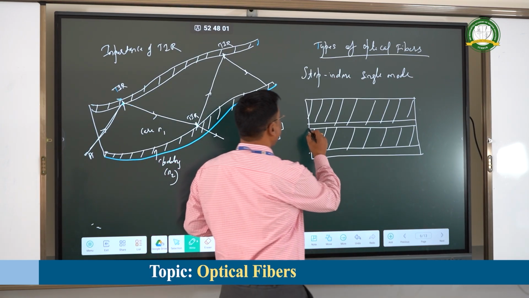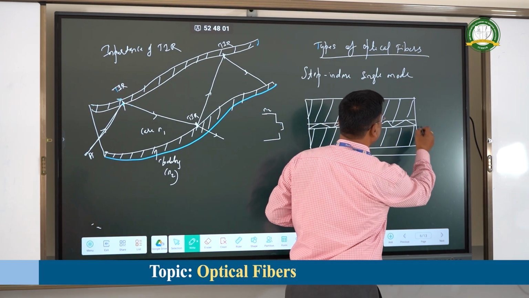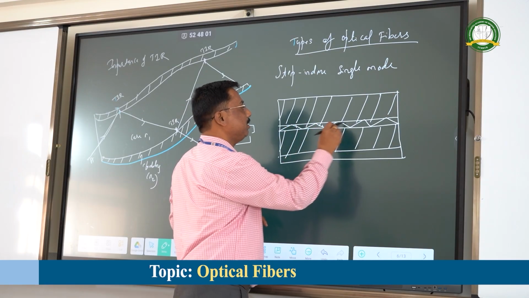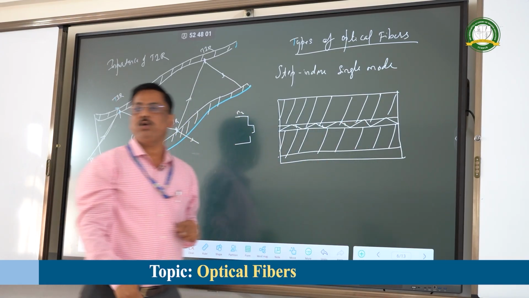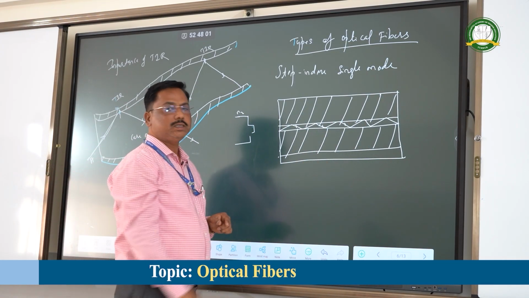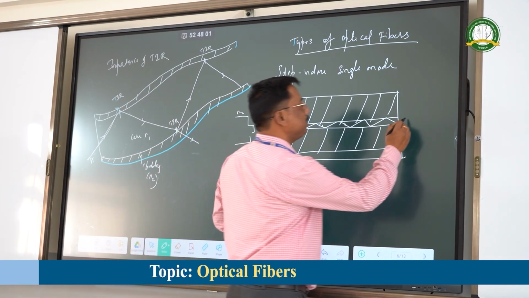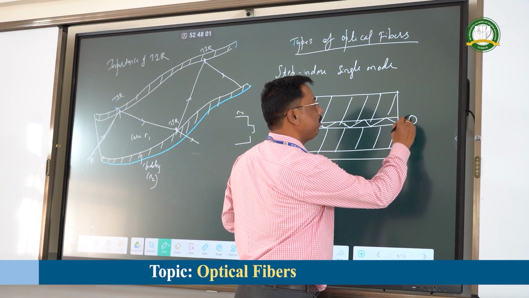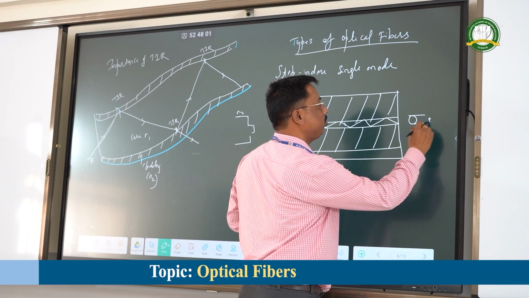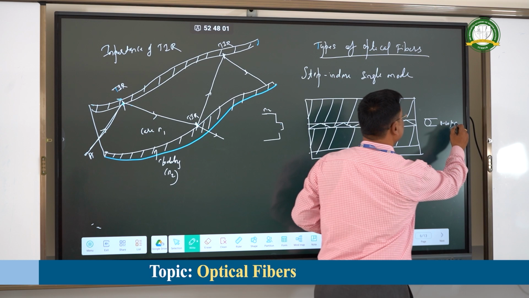It supports only one mode of propagation. That is called single mode optical fiber. And why does it support only a single mode? It is because the diameter of the core is very small, around 8 to 10 micrometer only.